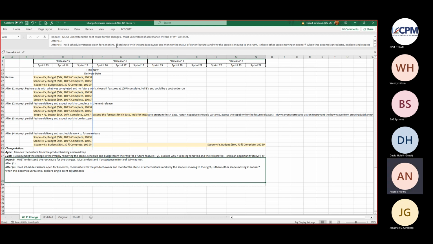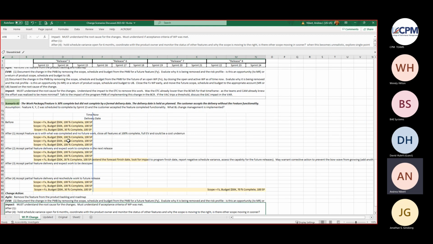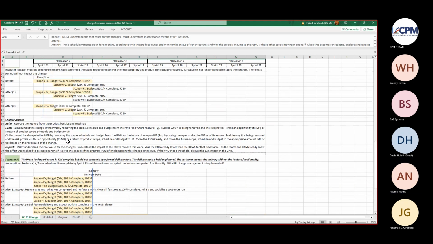Years ago, how many times couldn't we even see the bow wave because we weren't breaking things out by feature? It was just one big grouping of scope, and you really couldn't see it. So I really like the fact that we can see this now in the schedule.